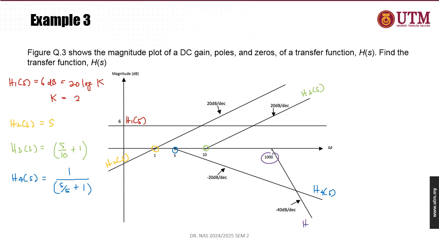So we call this one H5(s). But if you notice that it is negative 40 dB per decade line, meaning that you have 2 times the negative 20 dB line. Therefore, H5(s) equal to, it is poles, 1 over (s over 1000 plus 1) times (s over 1000 plus 1).